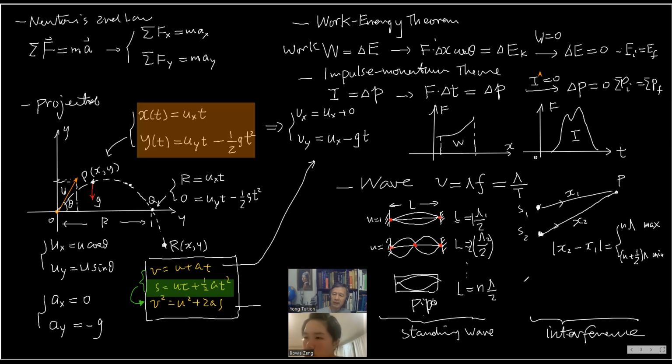Now, in the special case, I think that is required by this test. Can we start from the double slit? Although they didn't ask you so far, it's better to know this formula. You have a double slit, right?